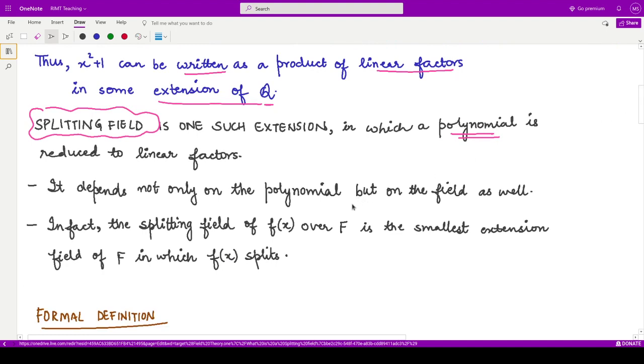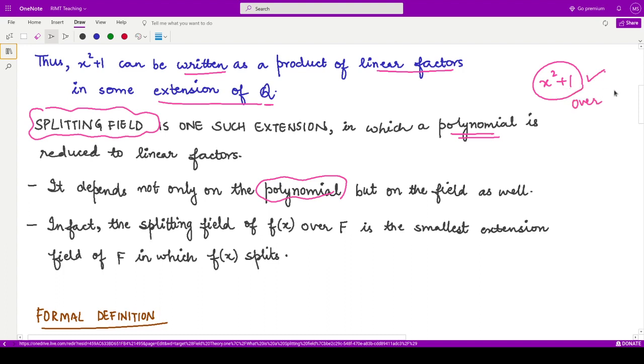So it depends on the polynomial, but it does not only depend upon the polynomial. Say the polynomial that we took in the earlier case was x square plus 1. So whatever the polynomial you have, it will depend upon the kind of polynomial, and it will also depend upon the field on which this polynomial is defined.